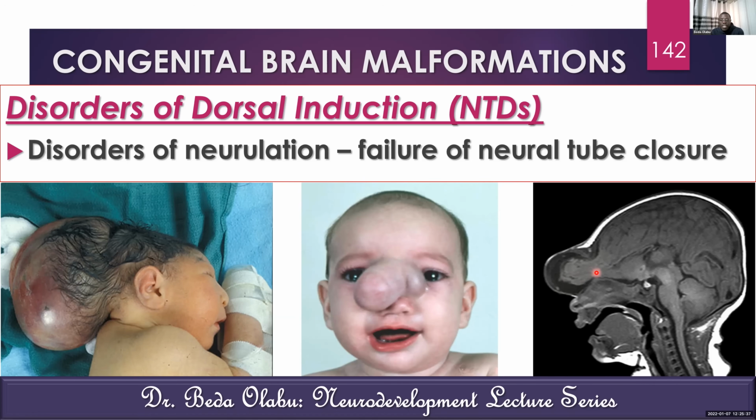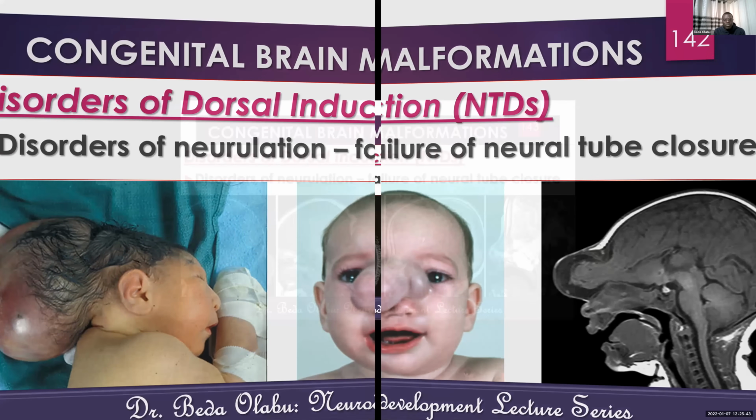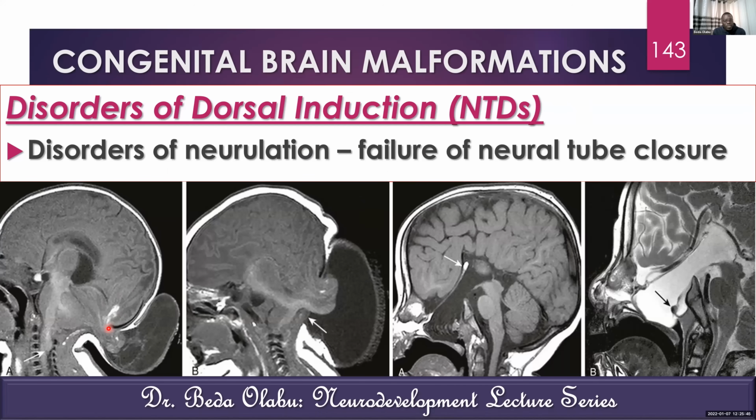So this is encephalocele, frontonasal encephalocele. This is occipital encephalocele. We can see there's a pocket there with fluid inside. Then there's some brain tissue protruding as well through the defect. Similar to that one as well, occipital encephalocele.